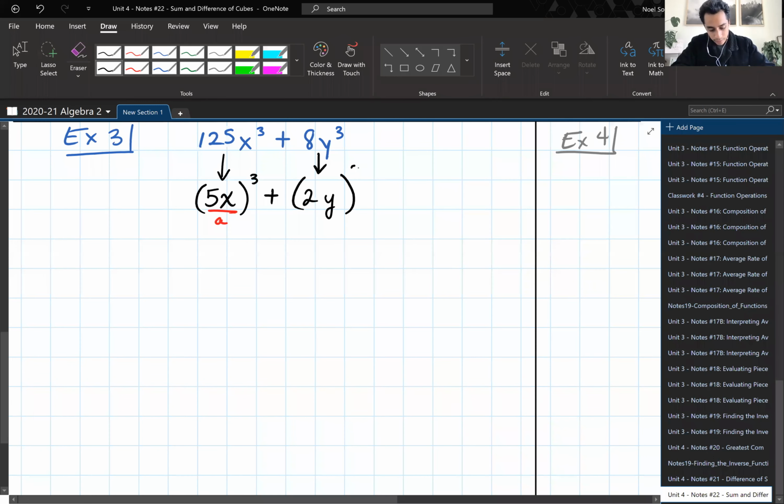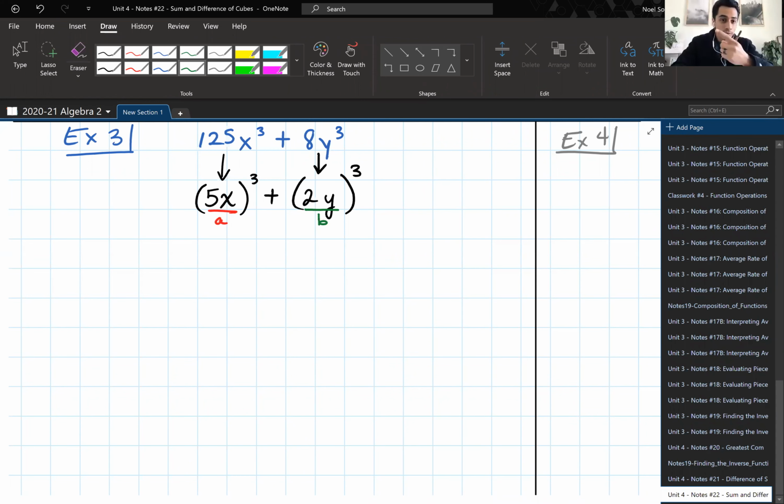So 2y to the third power ends up giving us 8y to the third. So then this ends up being our b term. So now our a term has a coefficient and a variable. Our b term also has a coefficient and a variable. So parentheses are going to be really important here. Make sure that you utilize them in order to make sure that you're squaring and you're getting the correct answer.